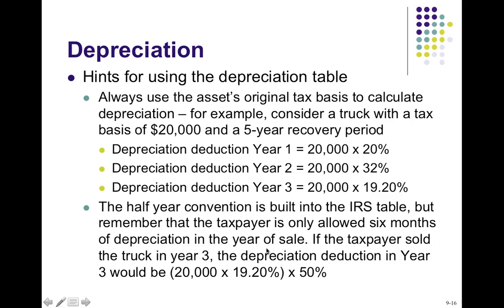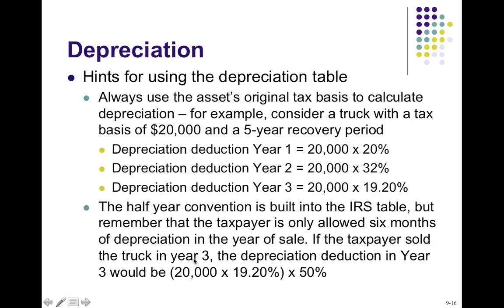Down here, if the taxpayer sold the truck in year 3, okay, so how are we going to calculate depreciation in year 3? $20,000 times 19.2%. So that would be the year 3 deduction if we did not sell the truck, okay, if we owned the truck for the entire year 3. But this example is telling us that we sell the truck during year 3. We get 6 months of depreciation in the year of sale. We always get 6 months of depreciation in the last year that we own the asset.